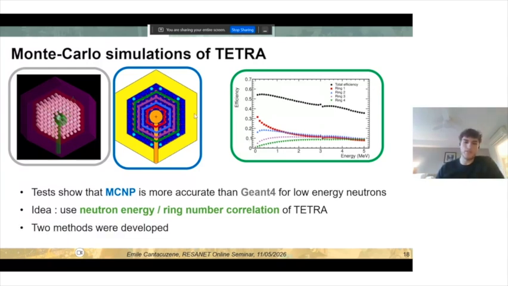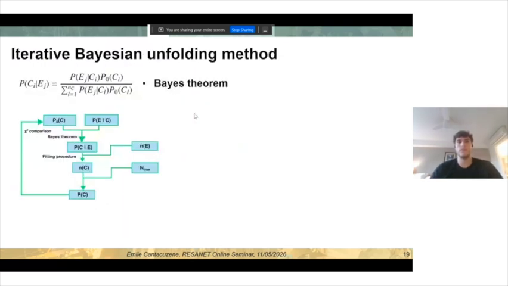And so 2 methods were developed using this idea, which led to a publication that I very recently submitted to EPJA. I'm going to detail one of the methods in this talk. This method is called the iterative Bayesian unfolding method.